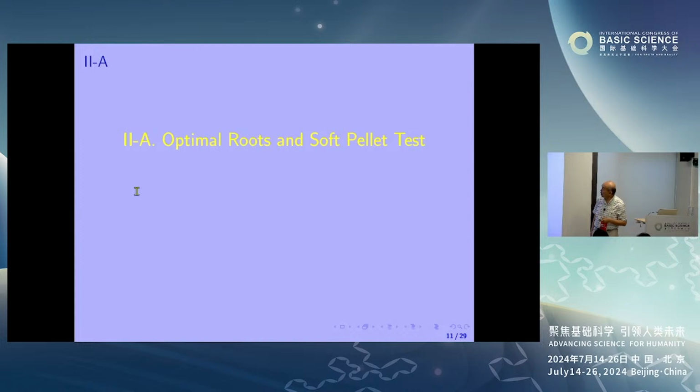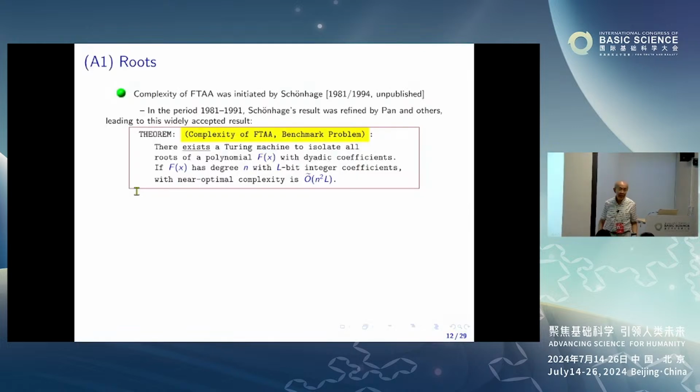The structure of my talk. So we, theorem of, basically non-multiple roots.